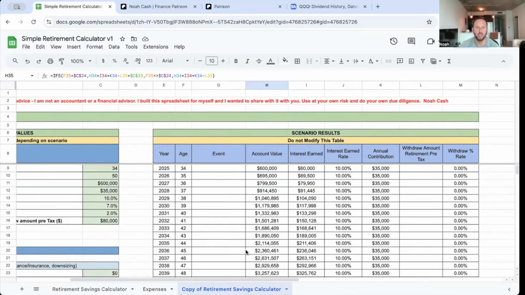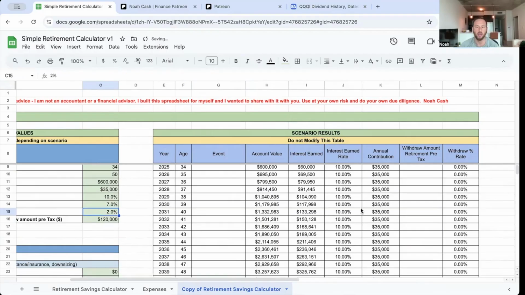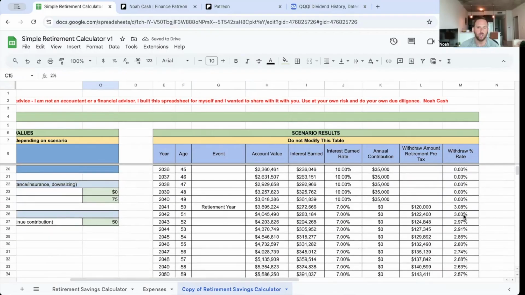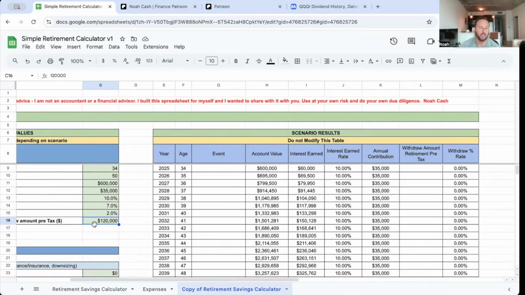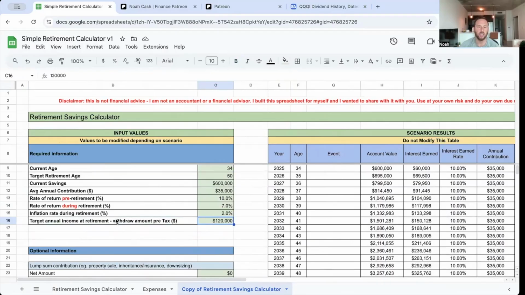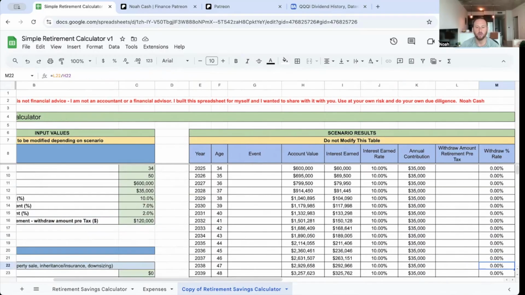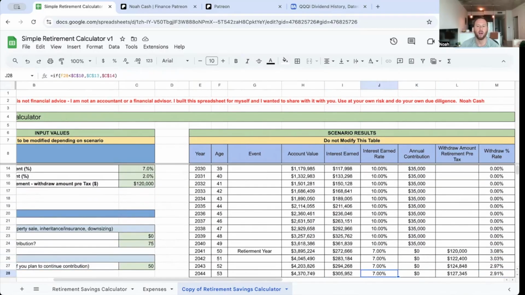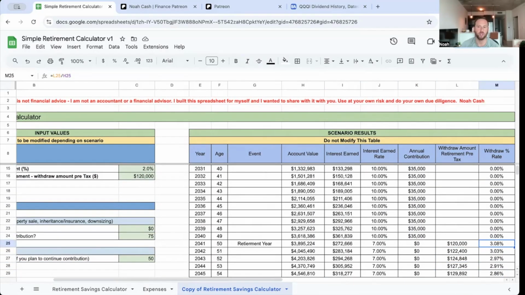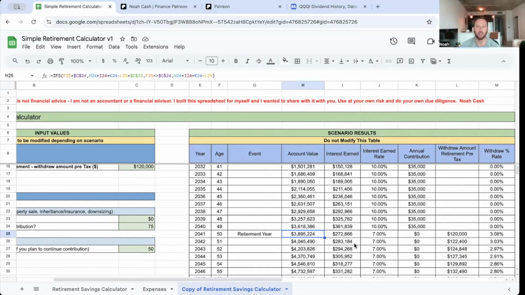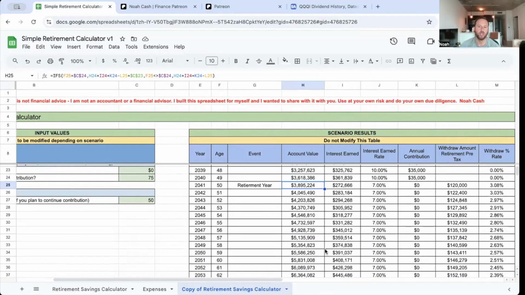Now, this is one simulation. If you want to have a higher rate of income during retirement, these things will change. But even at 120K, even at 120K payout for the year, you will still never run out of money. You're at the 3% withdrawal rate at 50 years old. You're at 4 million still here. And you're going to keep on appreciating.